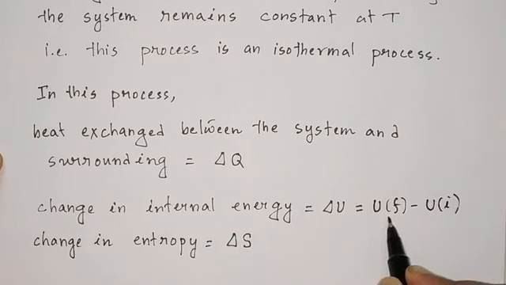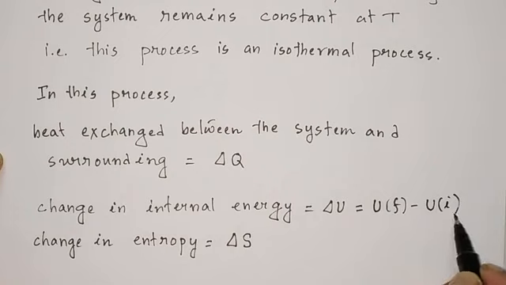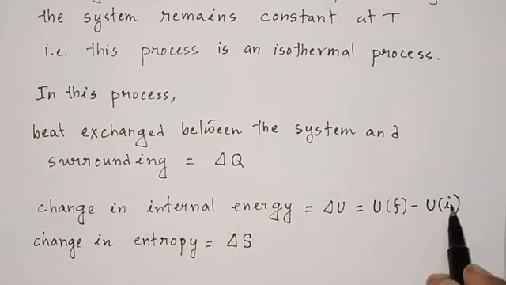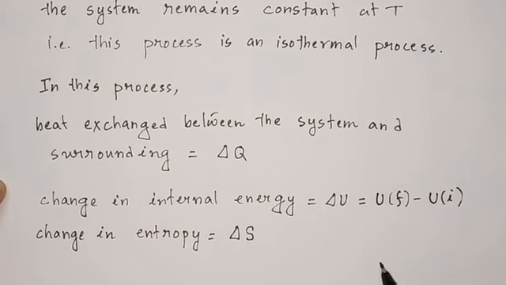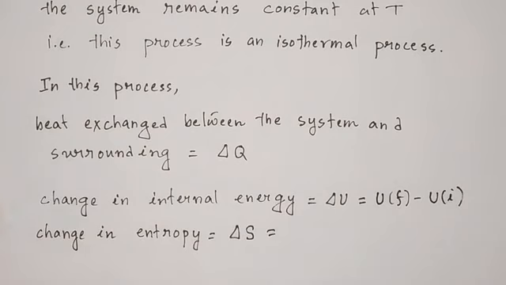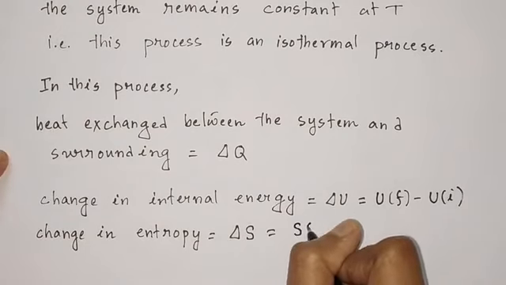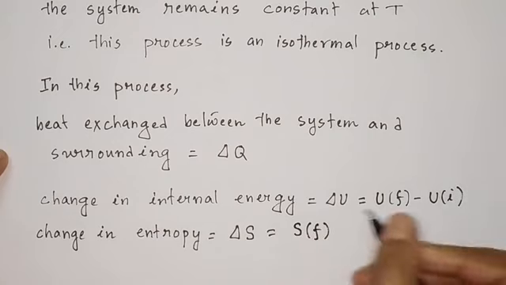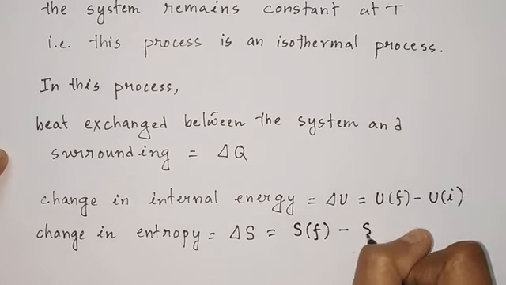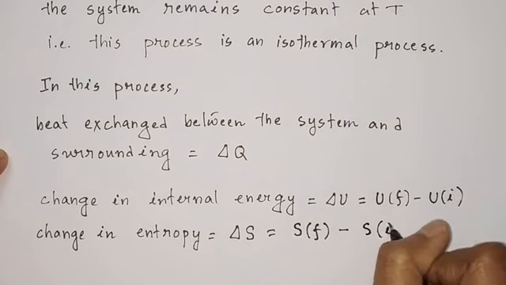So UF is the internal energy at the final state, that's why F, and UI is the internal energy for the initial state, that's why I. Okay. So what is the corresponding change in entropy? The corresponding change in entropy delta S will be entropy at the final state SF minus entropy of the initial state SI.